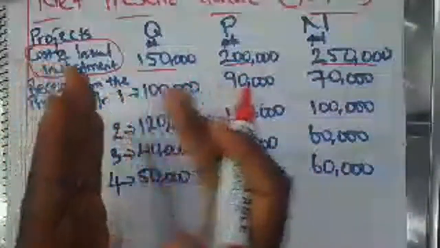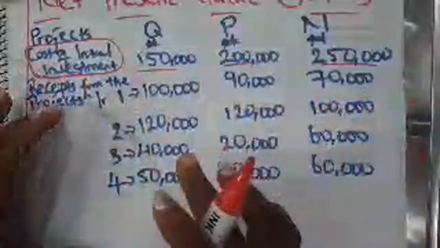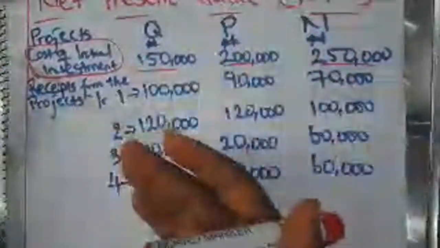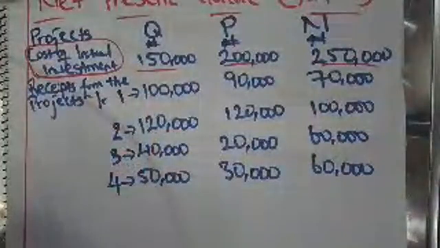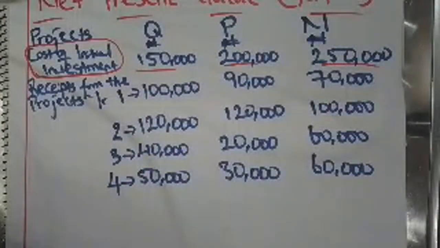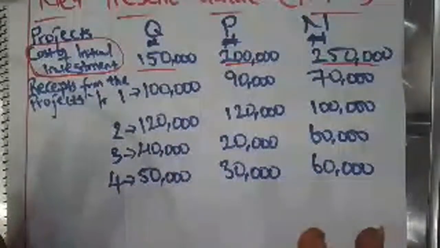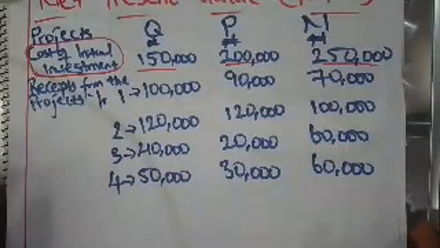And when we do the calculation for each of them, you will find out that one of them is more profitable than the other. So let's move over to the calculation properly.